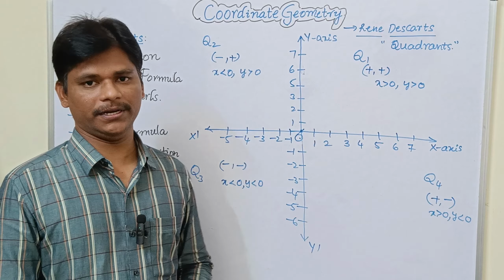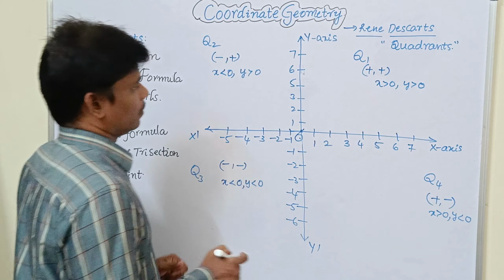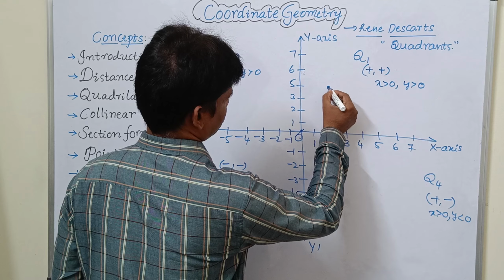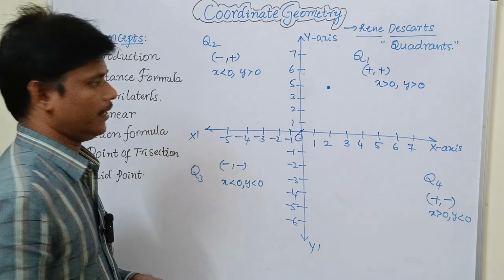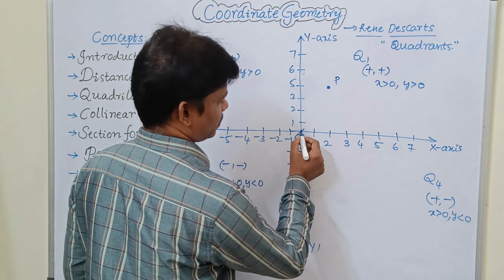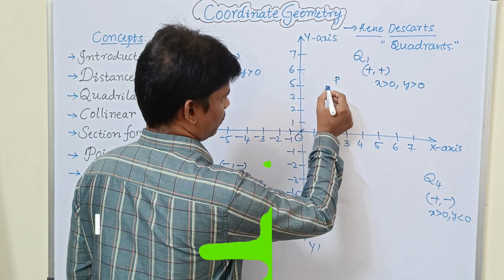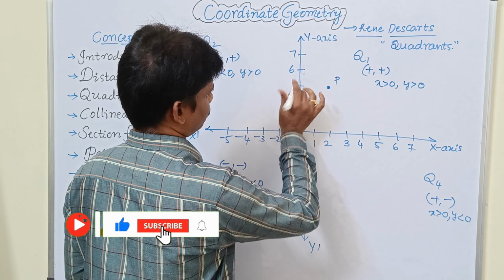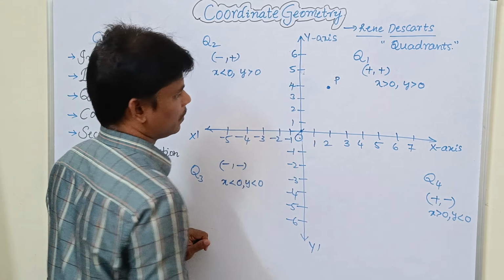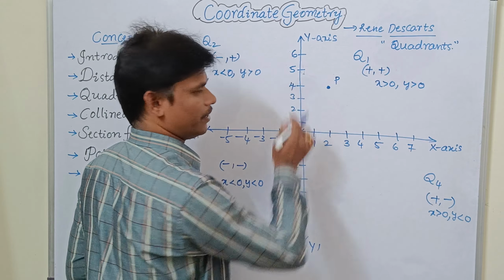How do we locate a point in the x, y plane? Suppose I take one point here, point P. Suppose from the x-axis it is 2 units distance, and from the y-axis it is 4 units distance.